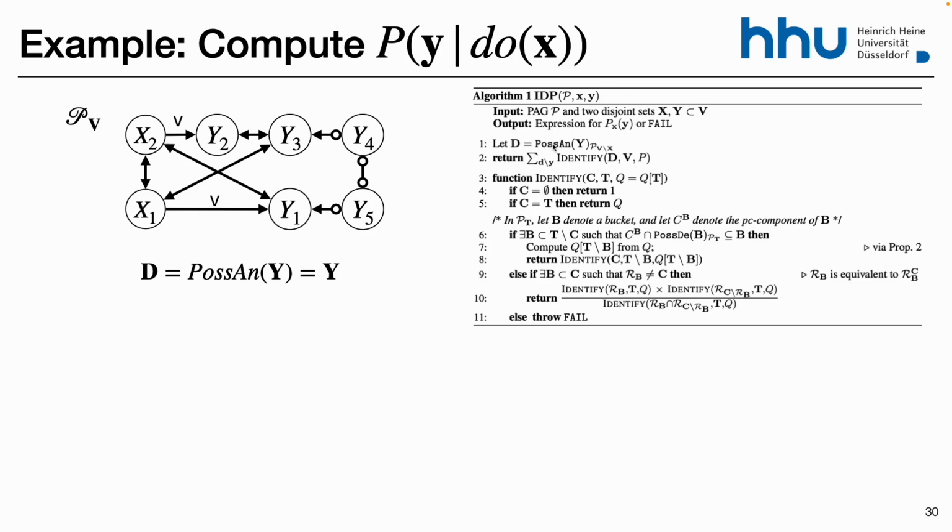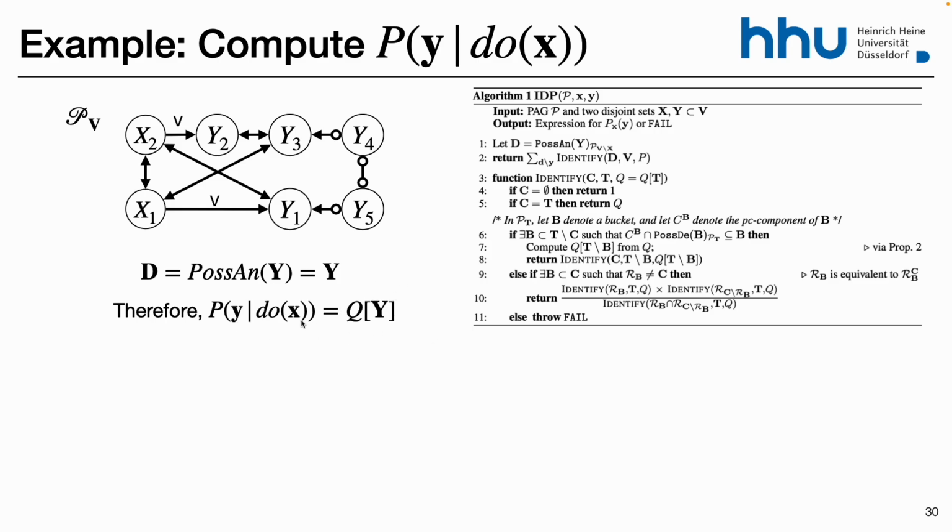The first line, line 1, asks me to compute D as the possible ancestors of Y in the PEG where I removed the X. So I want to compute the QY.